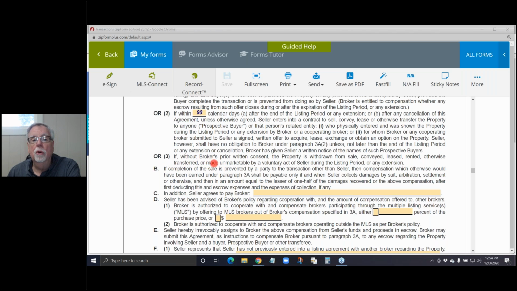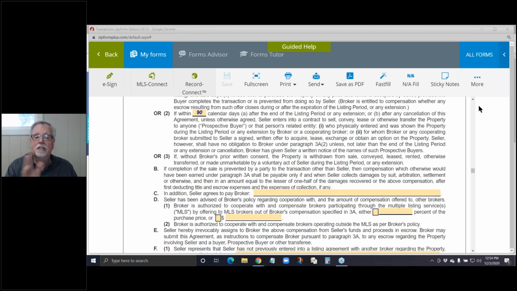If without broker's prior written consent, the property is withdrawn from sale, conveyed, leased, rented, or otherwise transferred or made unmarketable, the whole commission, 6%. That's what it says. But you could say, hey, if you don't like me, that's fine. You just give me 1 week's notice and I'll let you cancel, right?